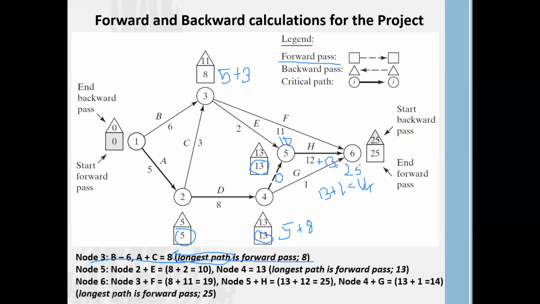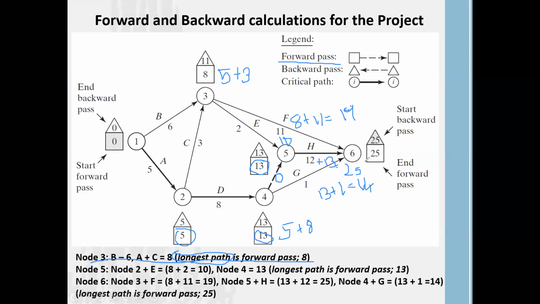So you have to calculate every path completion time. Here it is 8, and activity F consumes 11 weeks, so 8 plus 11 gives 19. Now we have three different paths.